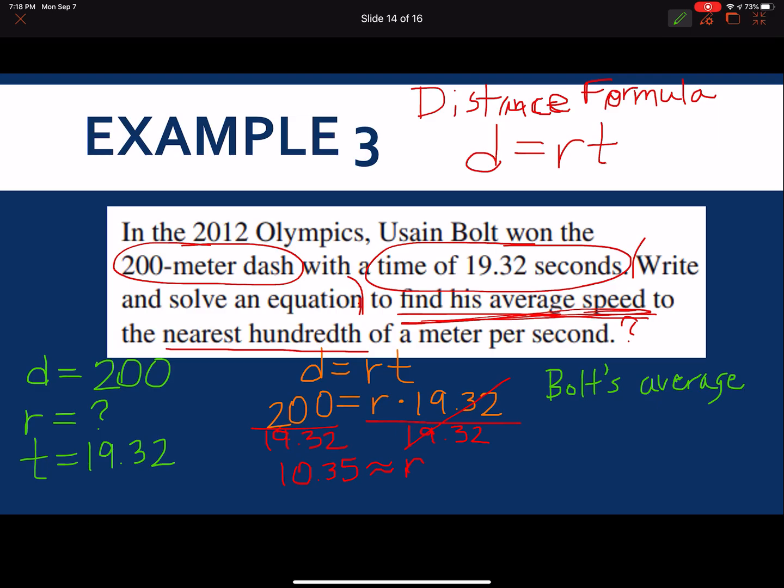So Bolt's average speed was about 10.35 meters per second. We're going to include our unit, meters per second.